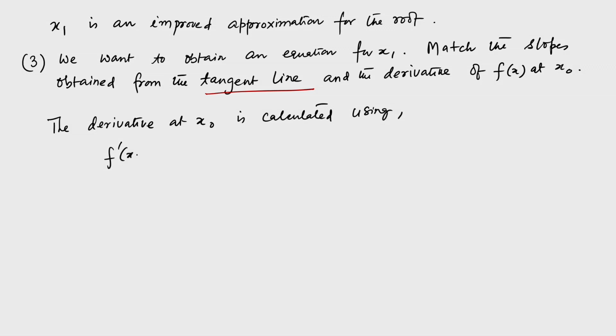f prime of x equal to f of x 0 minus f of x 1 over x 0 minus x 1, which is just a 2-point derivative which we will learn in a more detailed manner as the course progresses. And so, this is a 2-point method by which we take the derivative between two neighboring points, calculate the value of the function at the neighboring points and take the difference between the 2 points, f of x 0 minus 0 because f of x 1 is equal to 0.